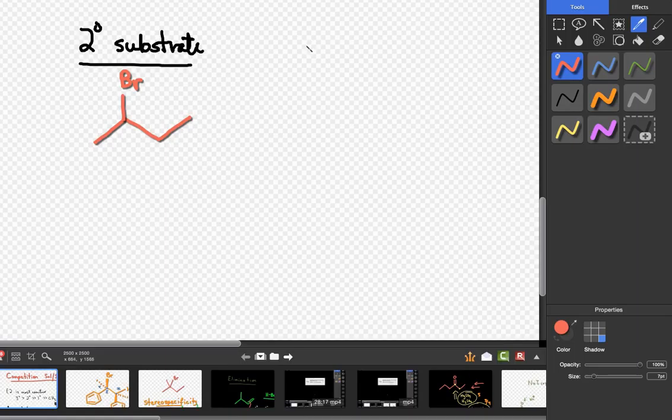We're really going to have to look at our solvent system if we're going to discriminate between SN1 versus SN2.